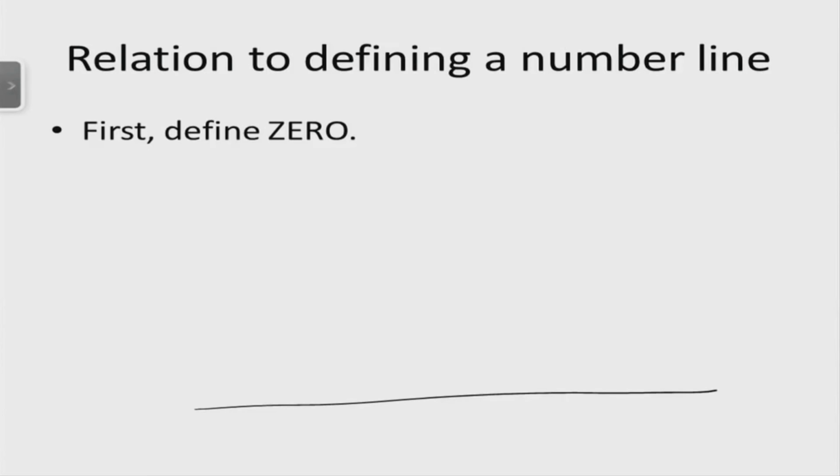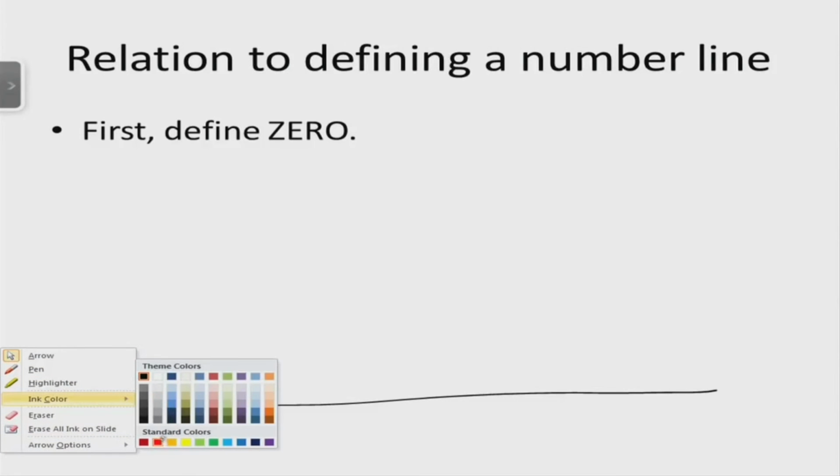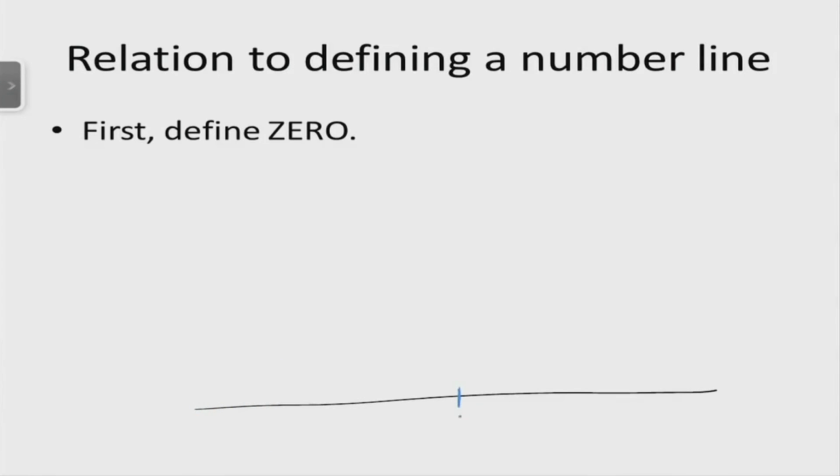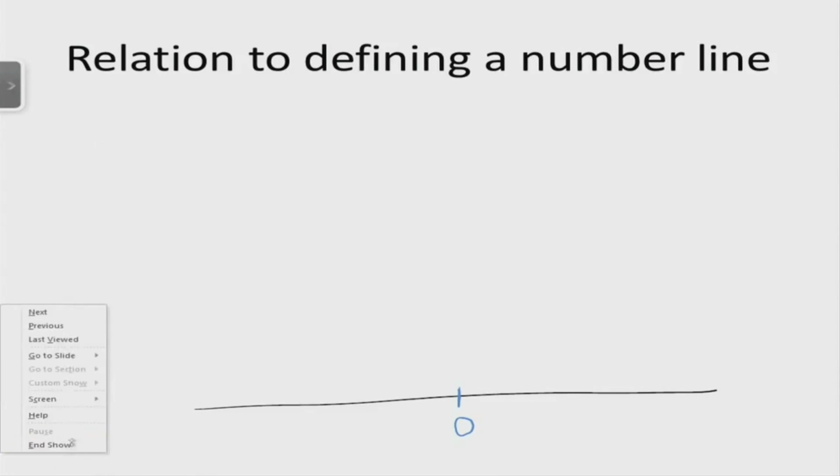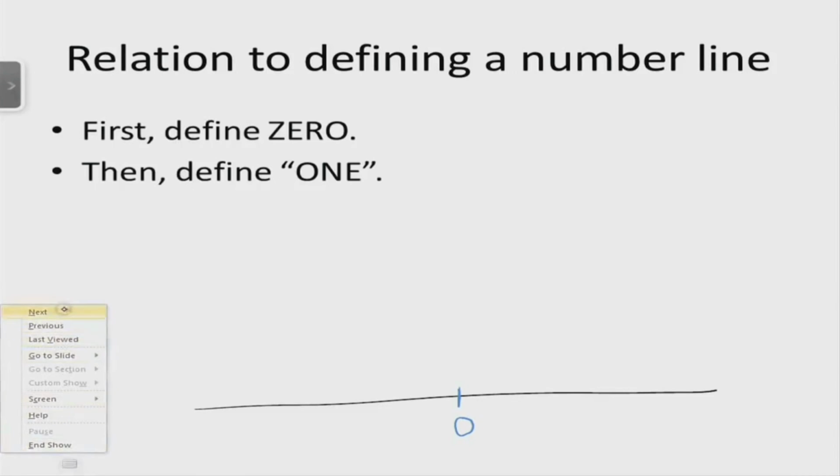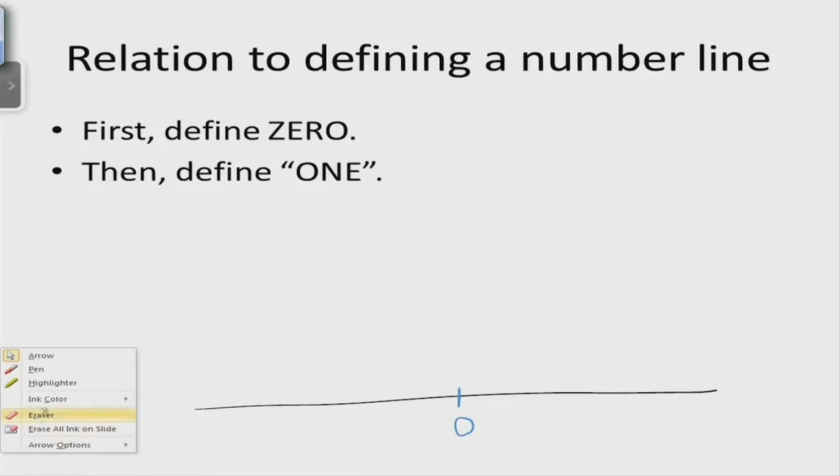I need to mark a point on this number line and mark this as my origin or 0. After I define a 0, I need to define what I call 1 unit. I need to define what I mean by 1 unit.